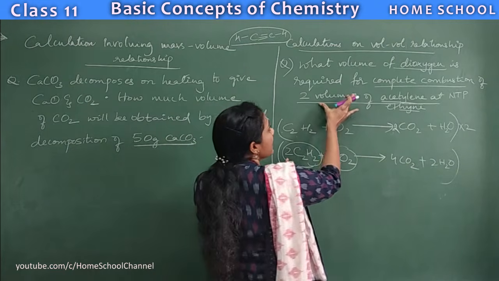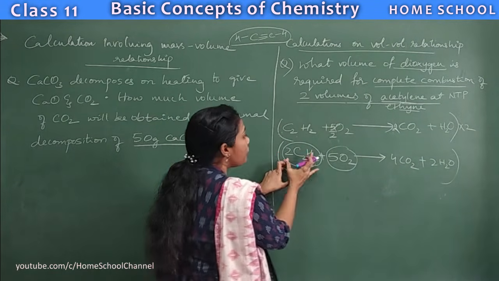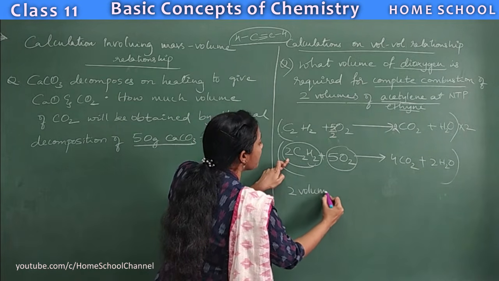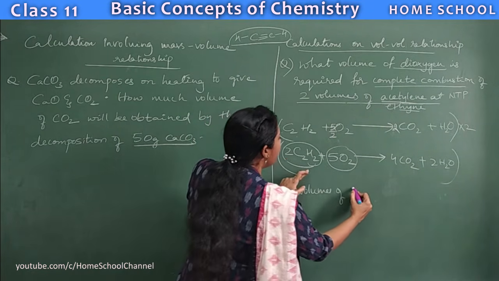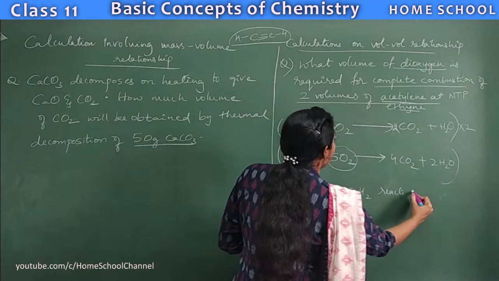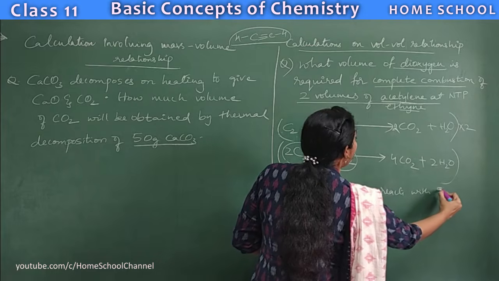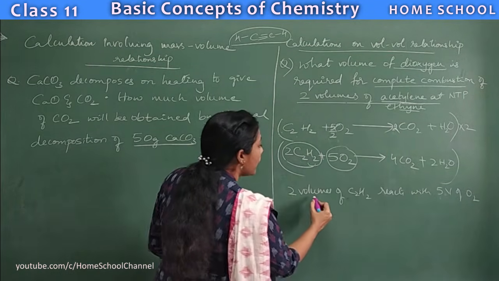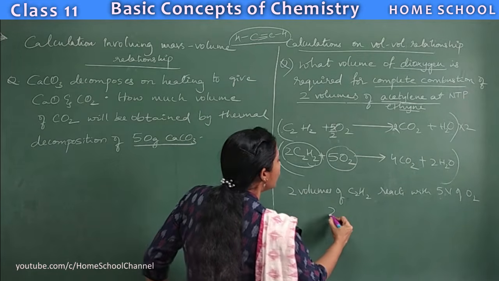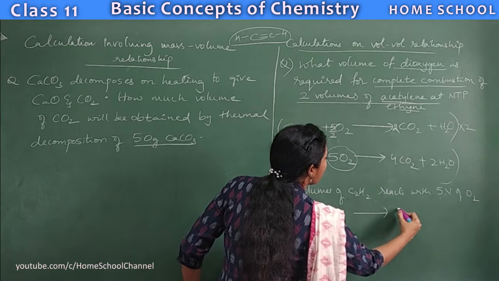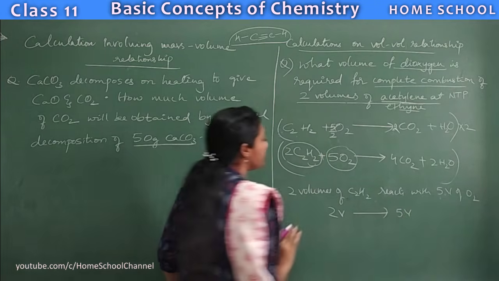Okay, some volume is given, volume only they are asking. So from the equation we can understand that two volumes of C2H2 reacts with 5 volumes of oxygen, right? So that means two volumes of C2H2 reacts with 5 volumes of O2.